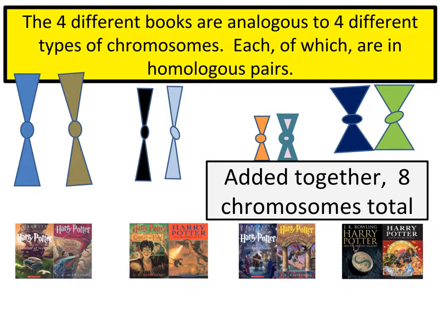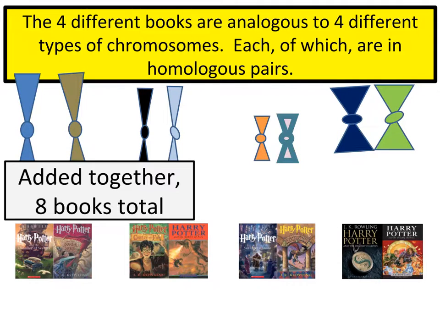Add it together, you have 8 chromosomes total here. Okay, count them up, you have 8, right? 4 different types. It's diploid cells, so times 2, so you have 8 chromosomes total. And here you have the 8 books, 4 different types, and you got our homologous pair of books here.